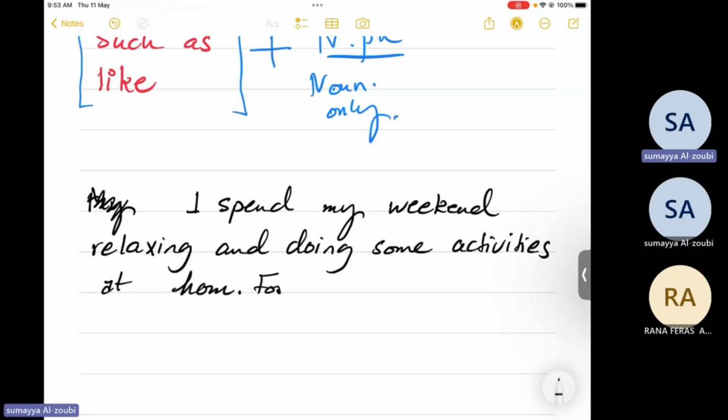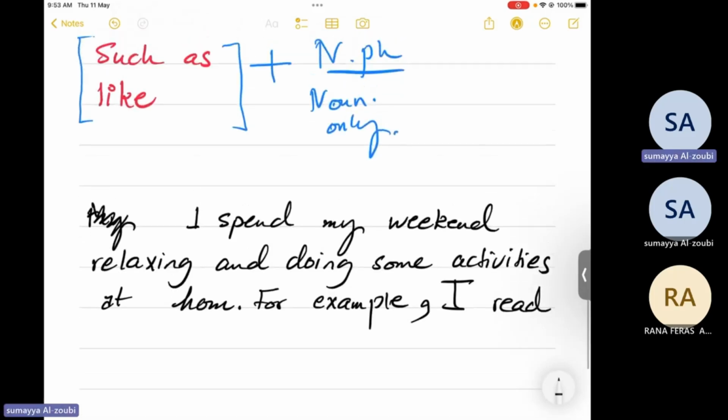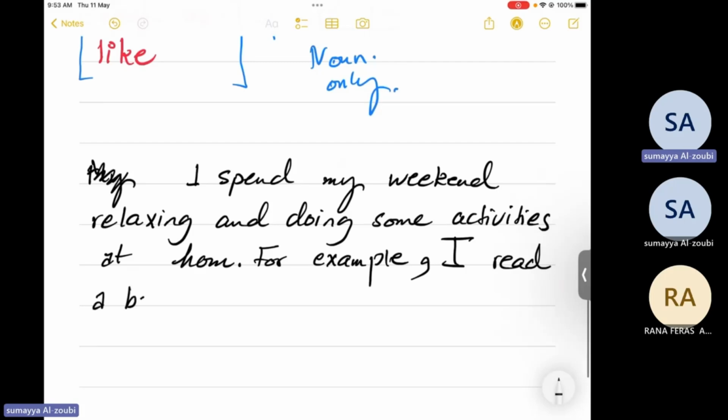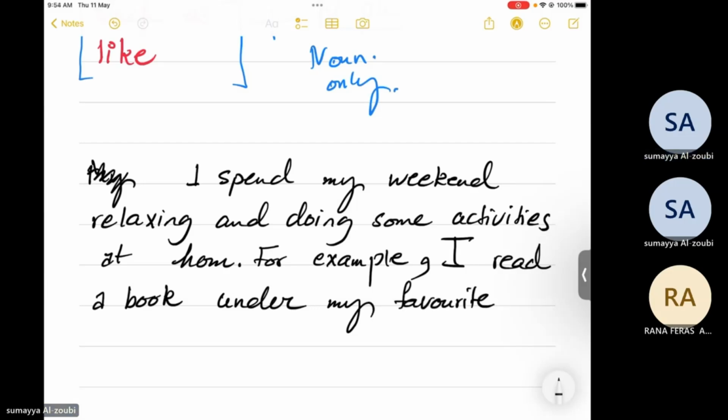For example, comma, I read a book. For example, under my favorite tree in the garden.